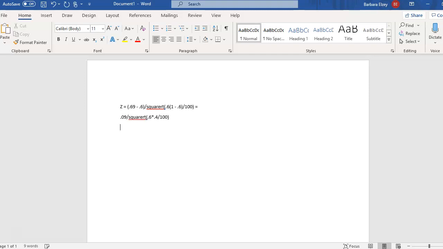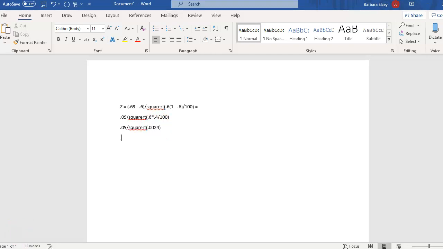All right, and the next thing I'll do, leaving the rest of it the same, is what's in those parentheses. So in my calculator, 0.6 times 0.4 divided by 100. That gives me 0.0024.